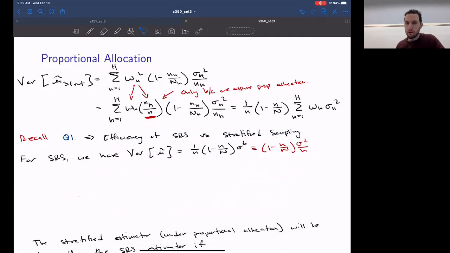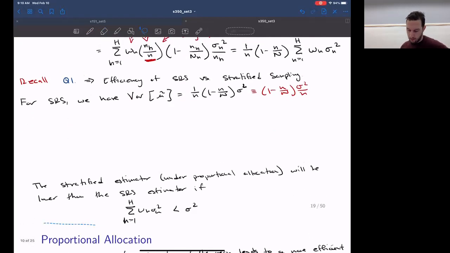So on the line below question 1 here, I have for SRS, we have that the variance of the estimator for mu is equal to 1 over n multiplied by the finite population correction multiplied by sigma squared. Okay, so this is just the formula that we had already developed for the variance of the estimator under SRS.